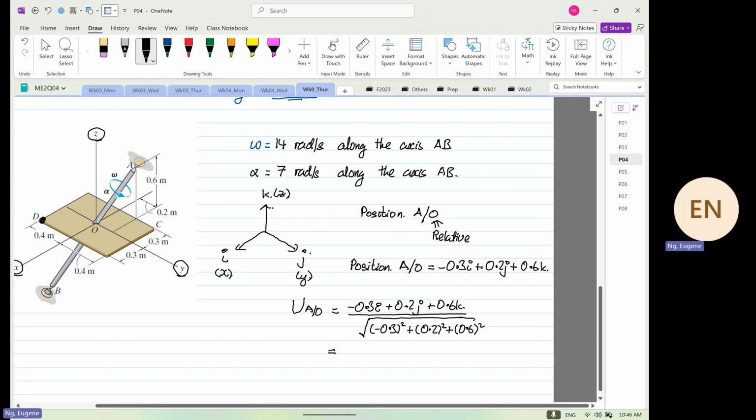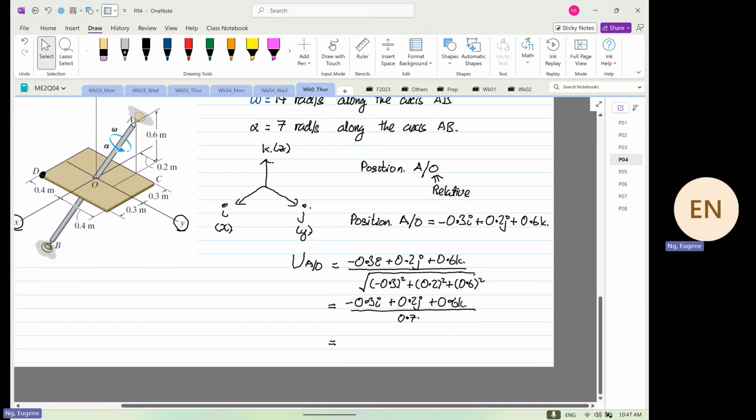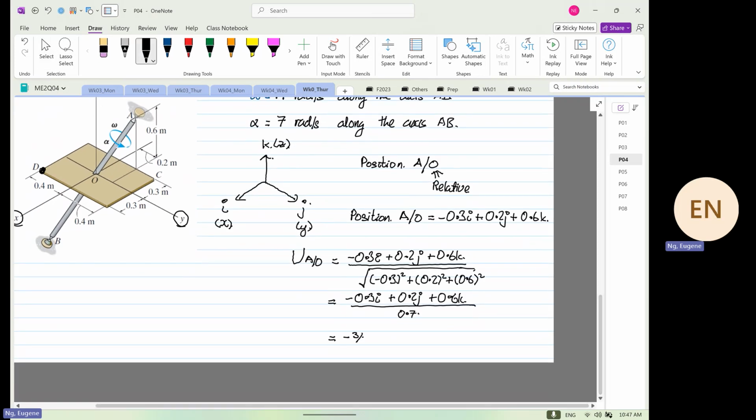So this will become minus 0.3 I plus 0.2 J plus 0.6 K, divided by the square root of 0.3 squared plus 0.2 squared plus 0.6 squared, which is 0.7. So this will be equal to 0.3 divided by 0.7, or we will just call it minus 3/7 I.